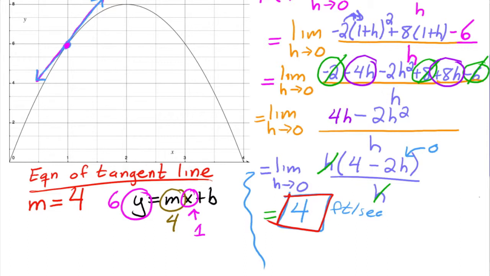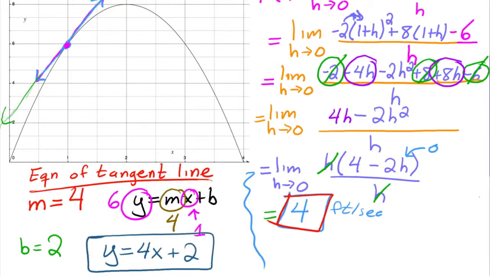So for that, you get that b is going to equal 2, which, yep, looks pretty close to what our picture is showing there. And so then what this means is that our tangent line is going to look like y equals 4x plus 2. And that's the equation of that tangent line.